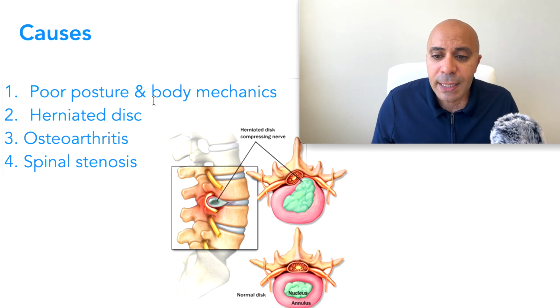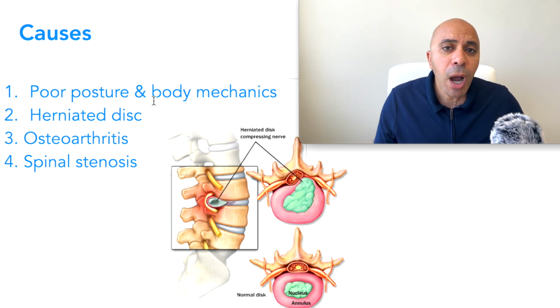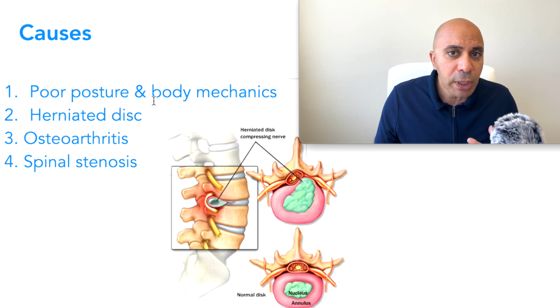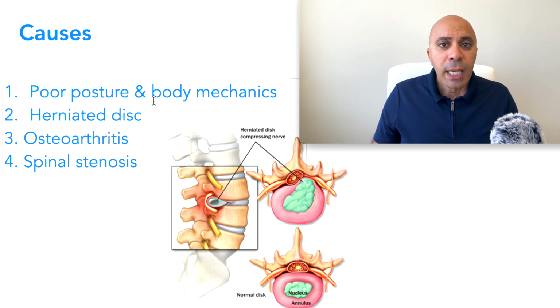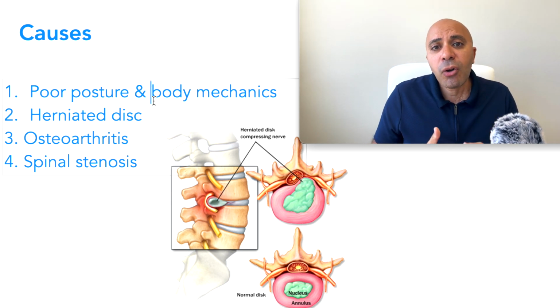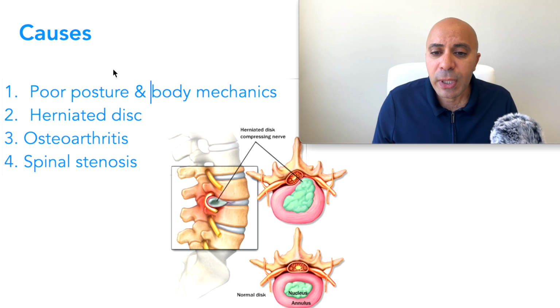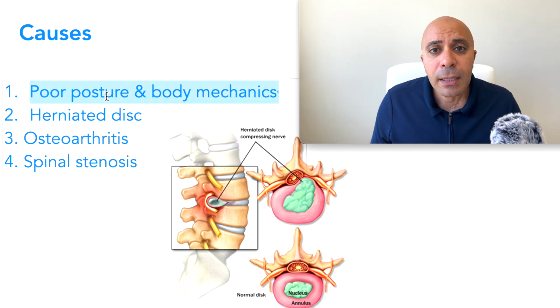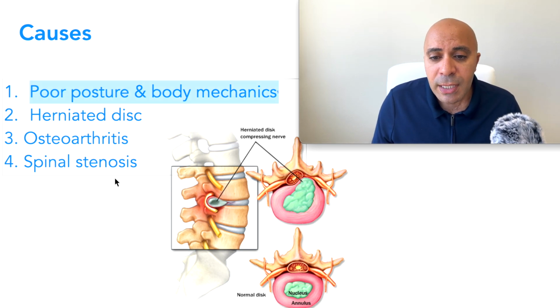So when you look at this list, it's very important to follow proper body mechanics. When you lift, engage your core, suck in your stomach, and bend your knees instead of leaning forward to lift, and don't lift while you twist. That's one of the main and major risk factors and causes for sciatica nerve pain.